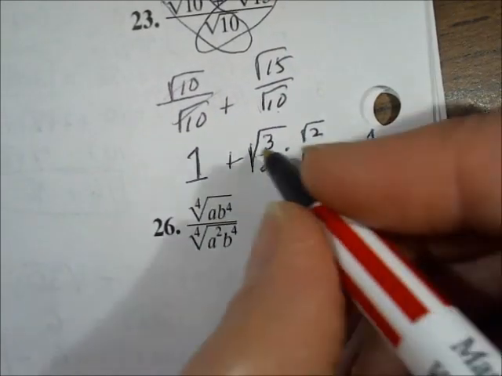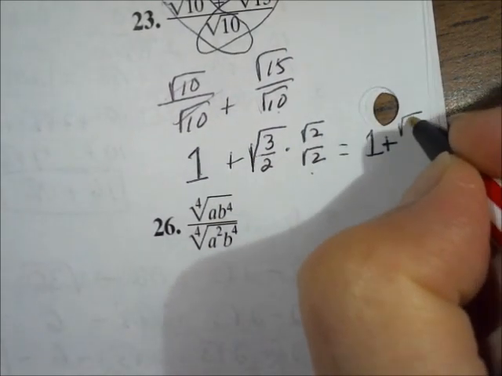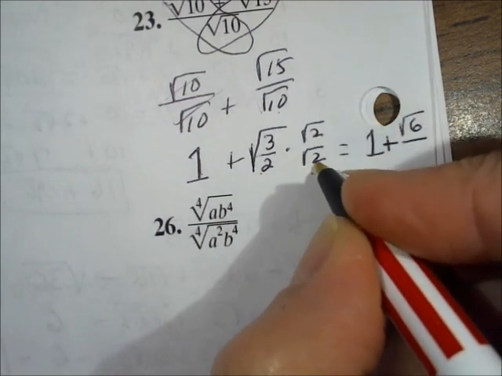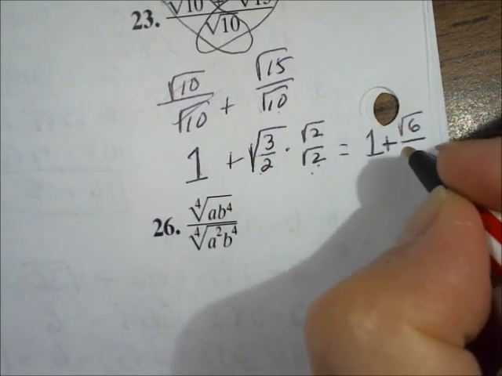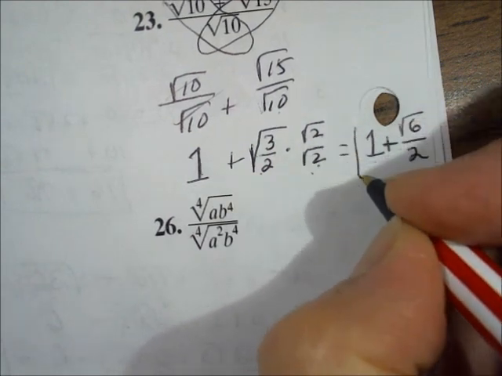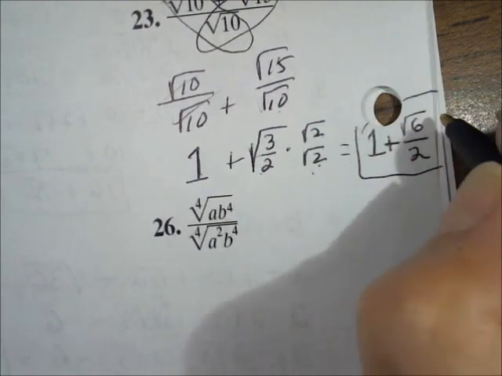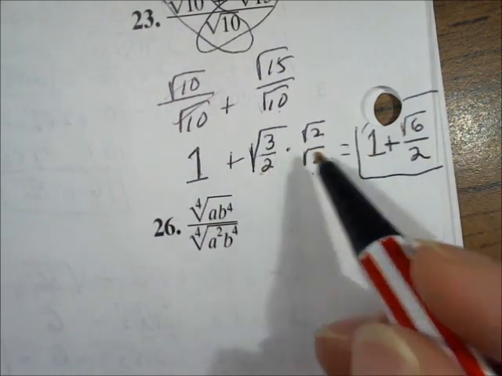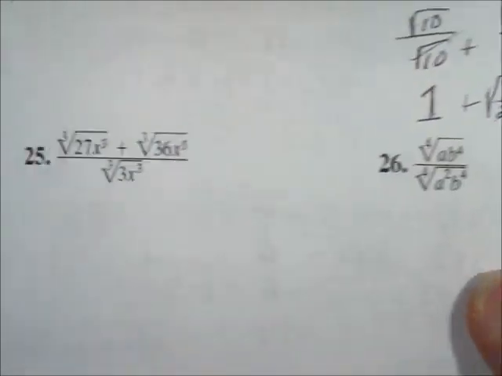When you multiply radicals, you're going to get the square root of 6. And underneath, the square root of 2 times the square root of 2 is the square root of 4, which is just a 2. So there would be that final answer, the square root of 6 over 2. And you're not supposed to have a radical in the denominator. That's why I just changed it like that.